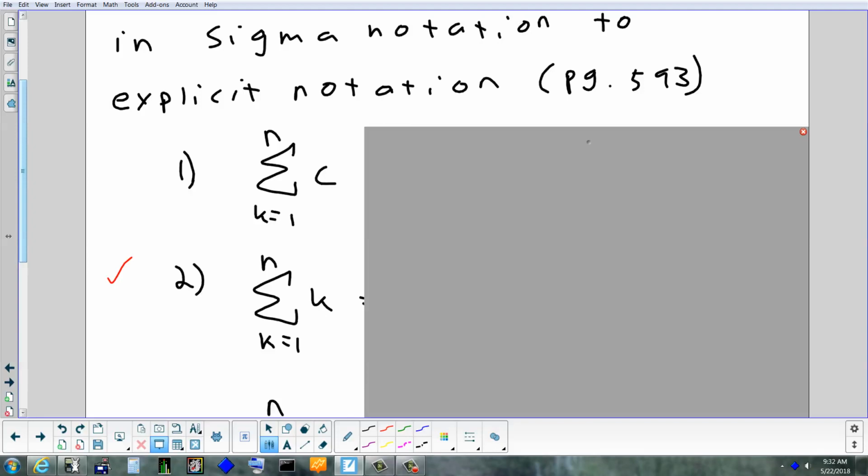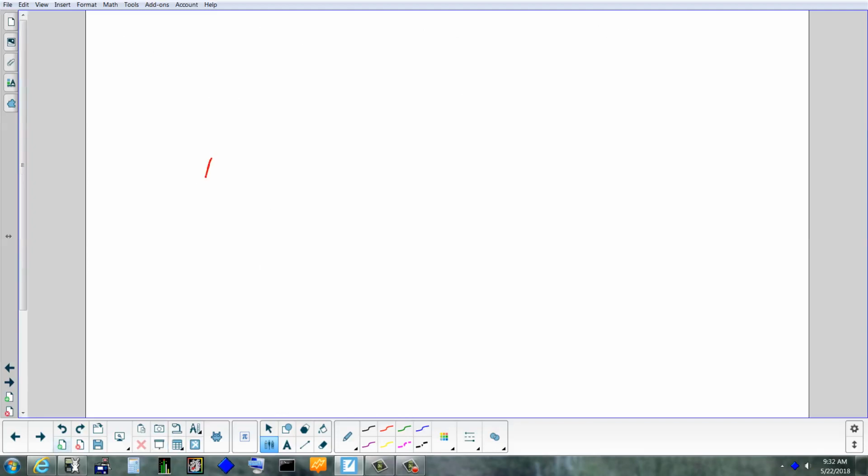Let me give you an example. The sum from 1 to 5 of the constant 3. What you're supposed to do with this is take 1, plug it into your formula on the right-hand side, get the answer, write it down, and then plug in 2, and then 3, 4, and 5.